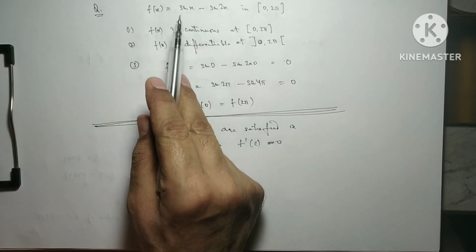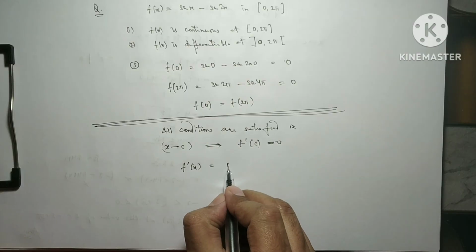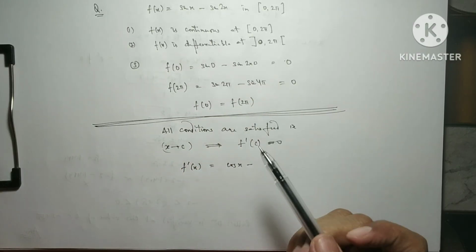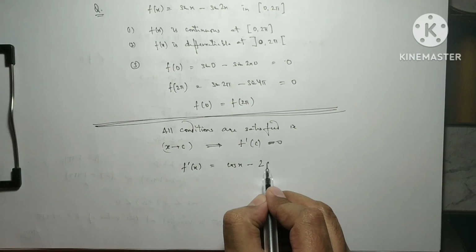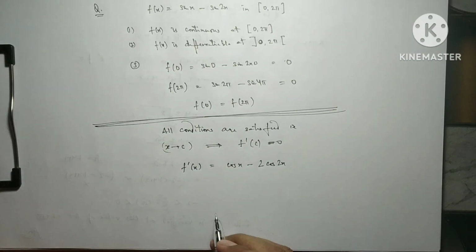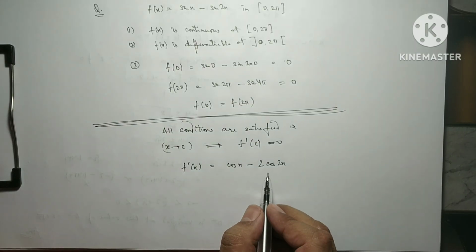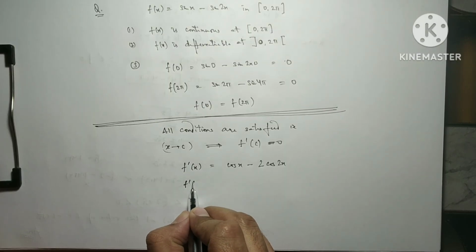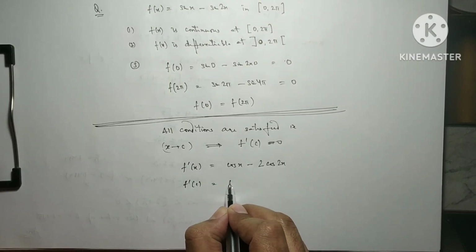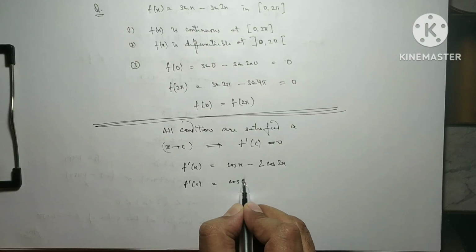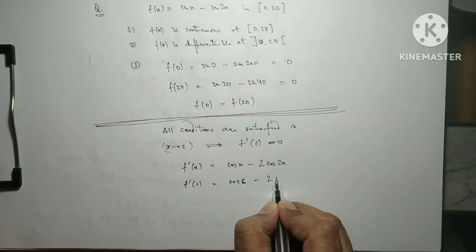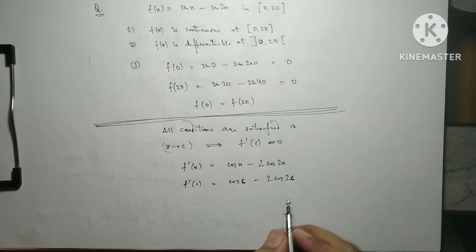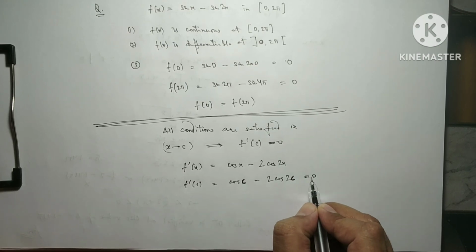On differentiation, sin x gives cos x, and the differentiation of sin 2x will be 2 cos 2x. Now f'(c) will be cos c minus 2 cos 2c, and this should be 0.